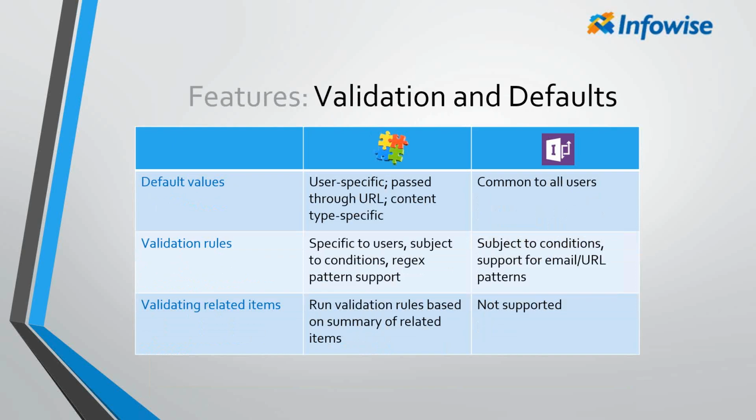So for one group of users, you can have one default. For the other group of users, you can have a completely different default. You can also pass default values through URLs for more advanced scenarios, and you can also have content type specific default values if you have more than one content type in your list.